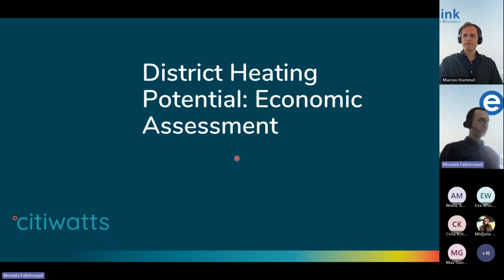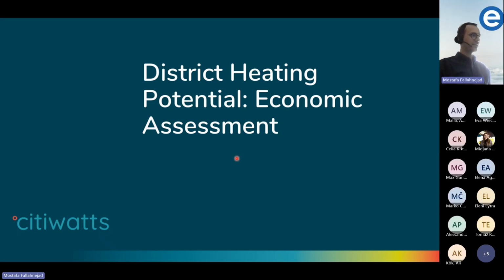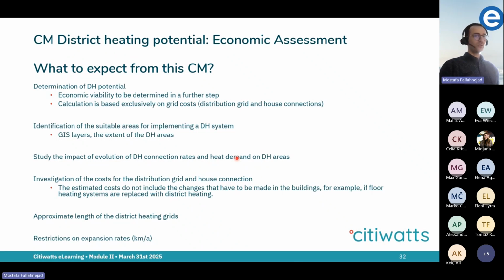So now I continue with the second calculation module related to district heating potentials. It's based on economic assessment. So what to expect from this calculation module? Basically, it calculates the district heating potentials.